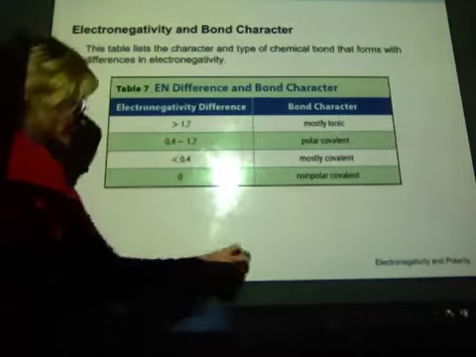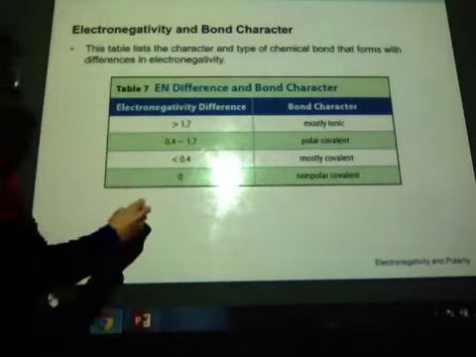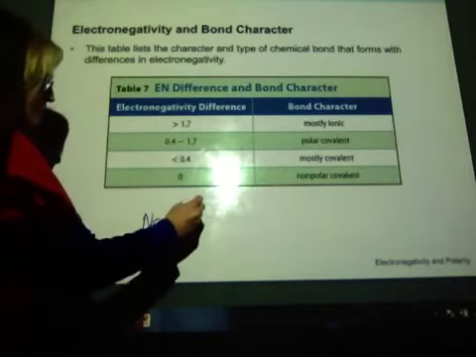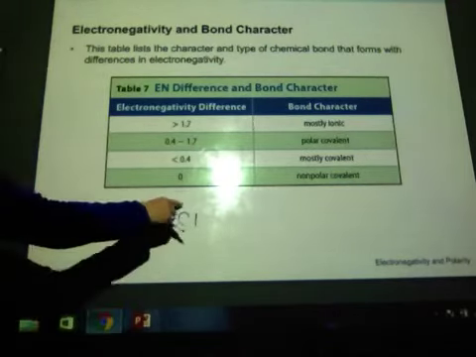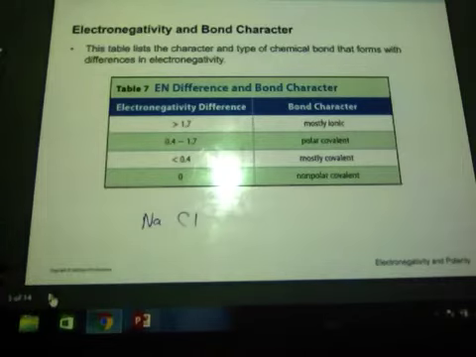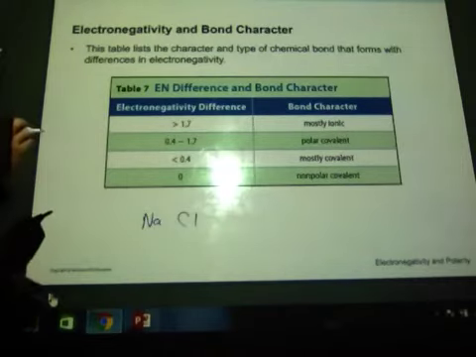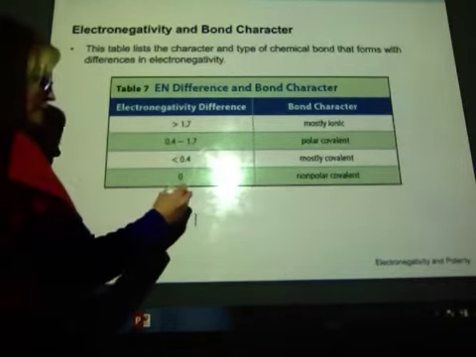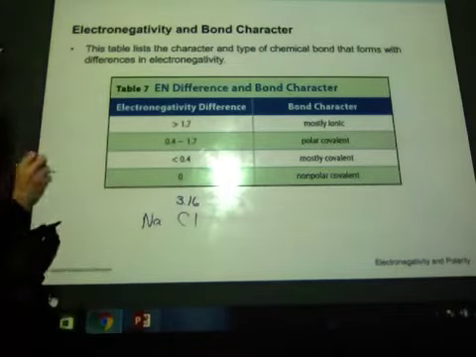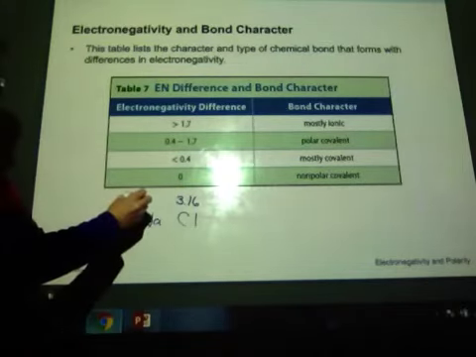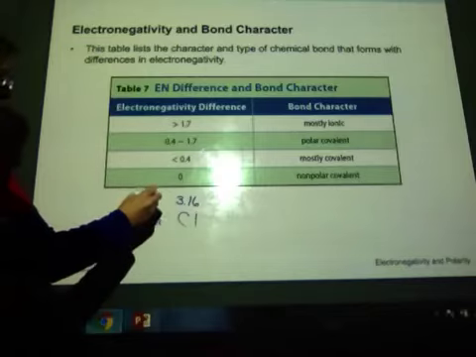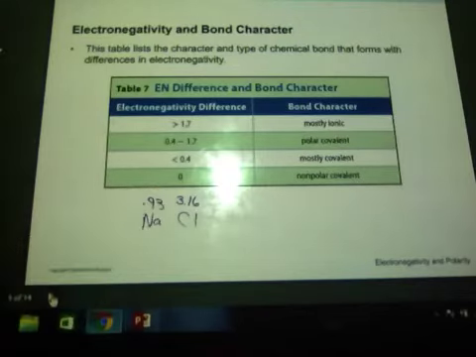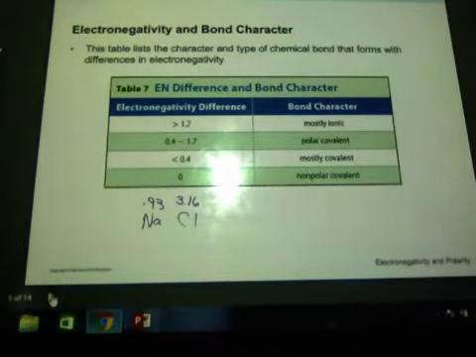If I look at something from last chapter, we had sodium and chloride. What's the electronegativity of chlorine? 3 something. 3.16. Sodium? 0.93. If I subtract that, what do I get?